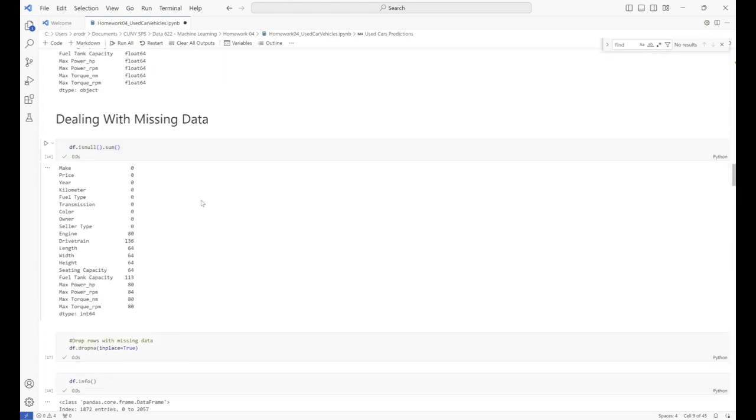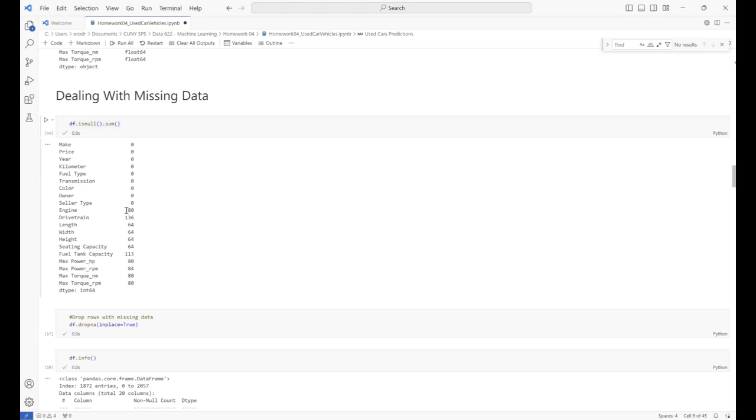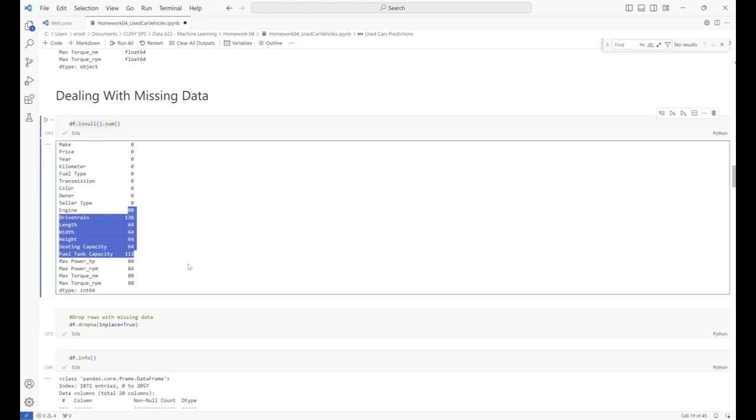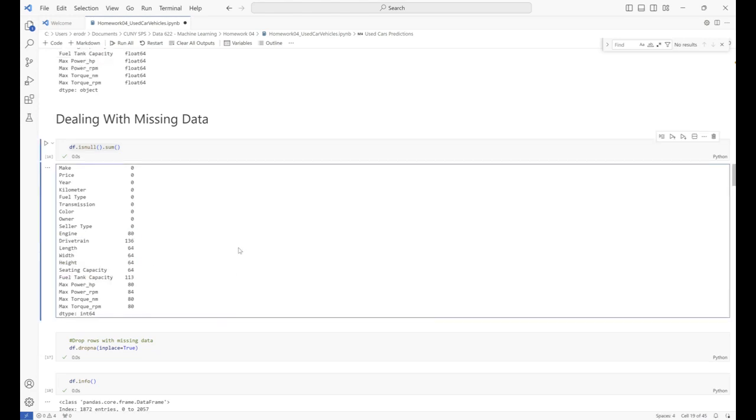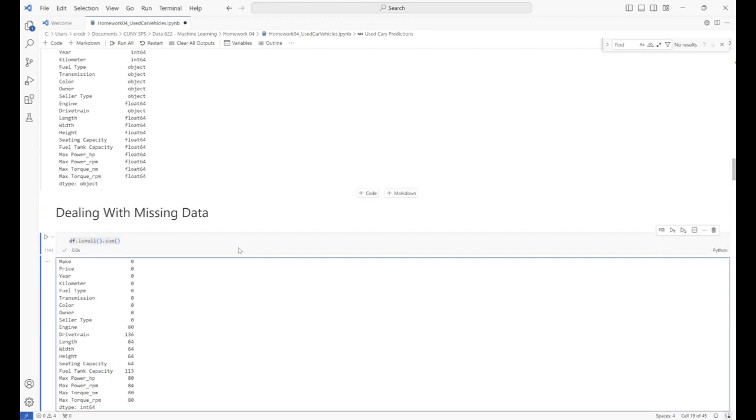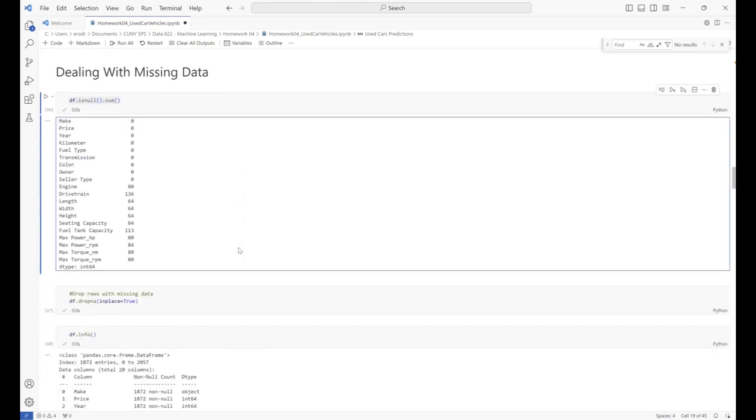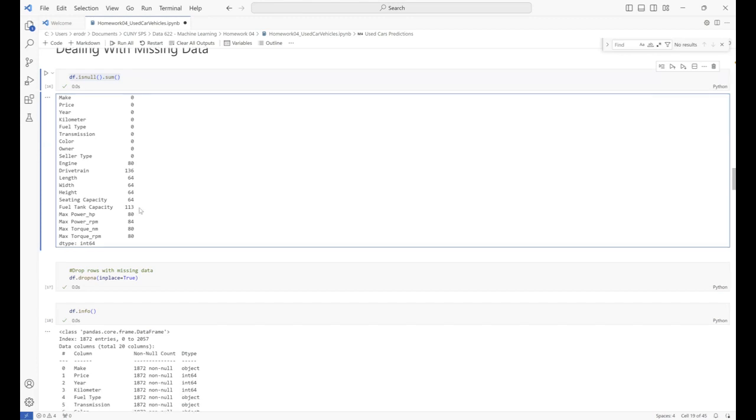Moving forward, the next thing I did was take a look at the missing values. I saw there weren't too many missing values, so I didn't think it was necessary to impute any missing values with a median or a mean. So I just removed all the rows with missing values.